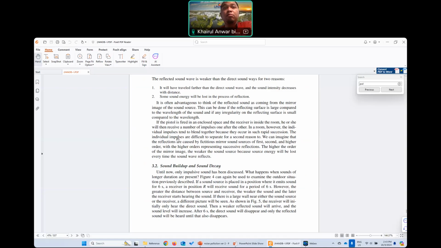The individual reflections are difficult to separate for a second reason too. We can imagine that the reflections are caused by fictitious mirror sound sources of first, second, and higher order, with the higher order representing successive reflections. The higher the order of the mirror image, the weaker the sound source, because energy will be lost every time the sound wave reflects.